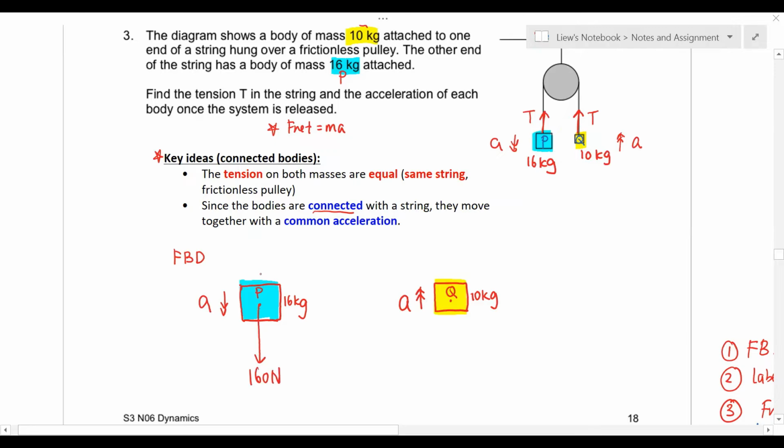At the same time, P is also experiencing a tension pointing away from it in the upward direction. Q experiences a tension pointing away from it, the same magnitude of tension, and it experiences its own weight in a downward direction. Since the mass is 10 kg, the weight will be 10 times 10 equals 100 newtons.